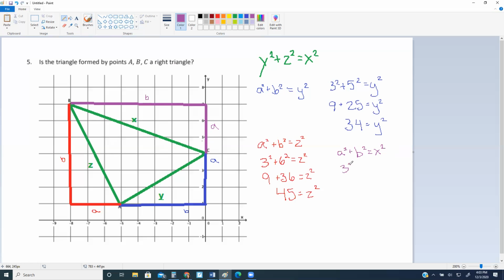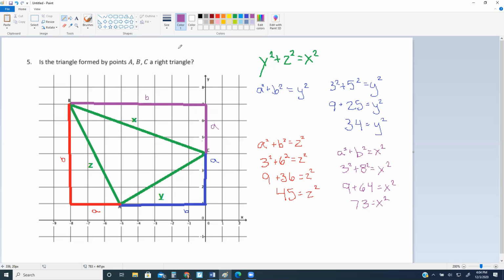So 3 squared plus, what's B? 1, 2, 3, 4, 5, 6, 7, 8. 8 squared equals X squared. Well, 3 squared is still 9, and 8 squared is 64. 9 plus 64 is 73, so 73 equals X squared.